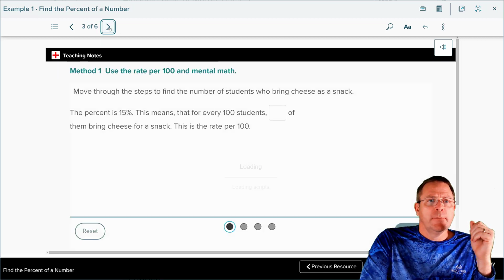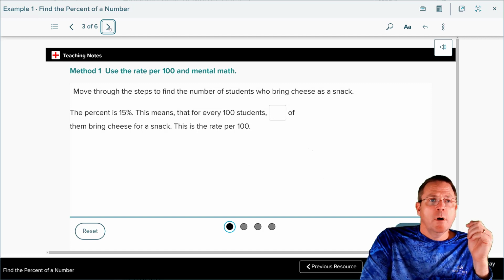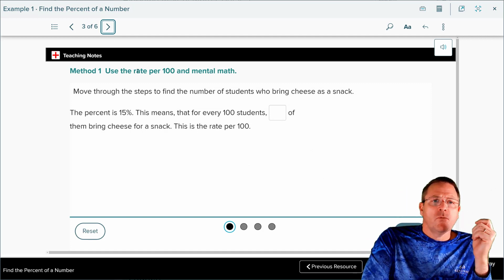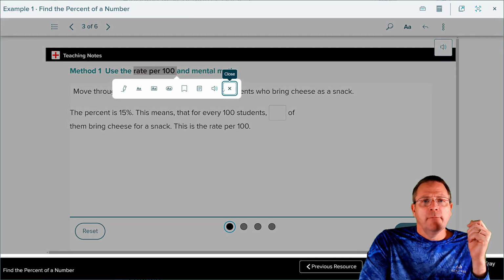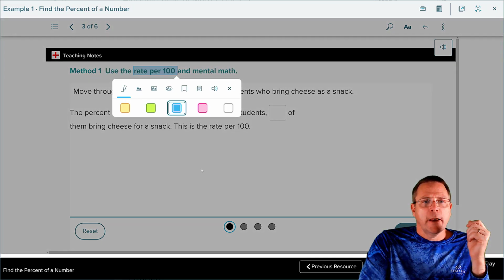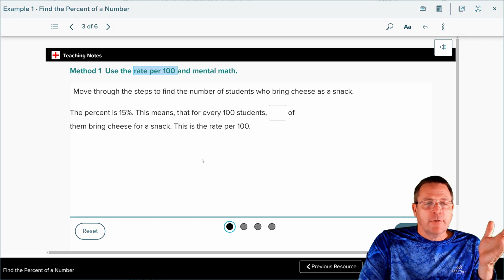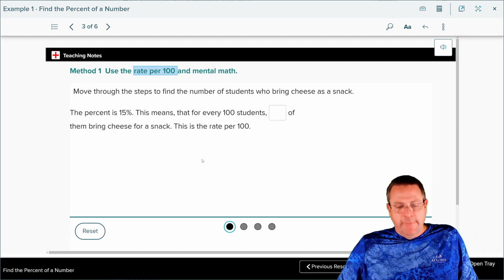Let's keep moving. Now, method 1 says to use a rate per 100, and that is actually going to be a vocab term that we're going to have. They don't really define it very well though, so let's take a minute and define that.